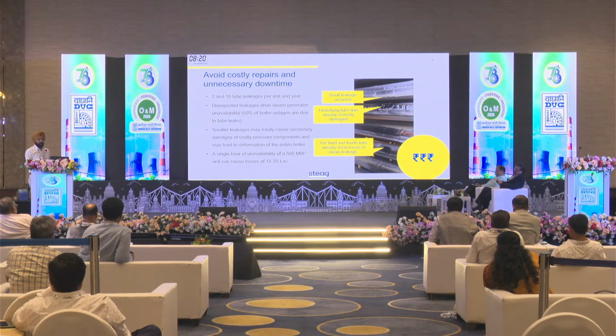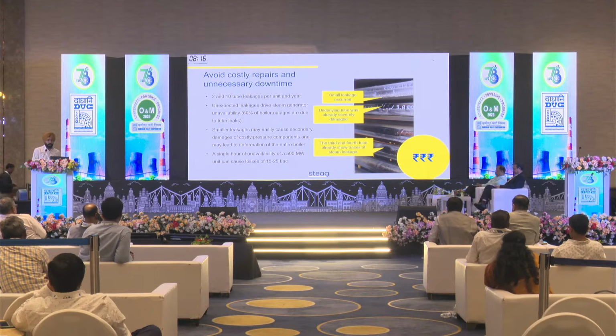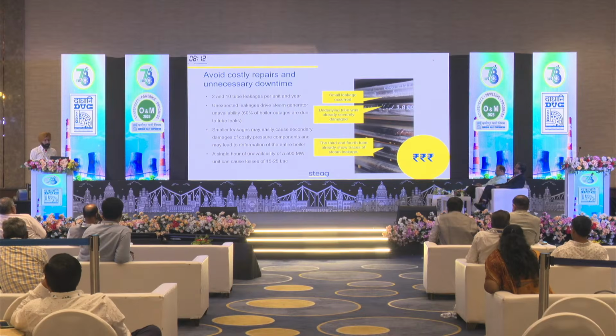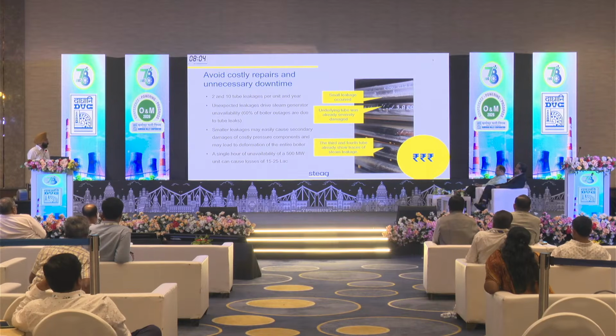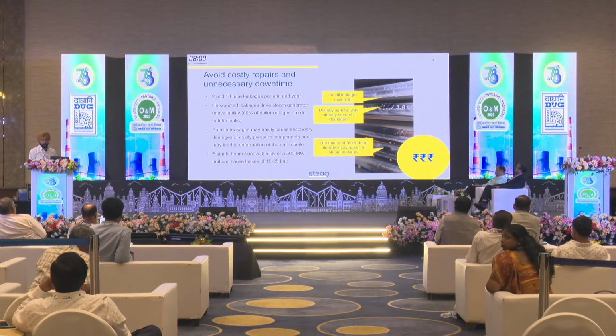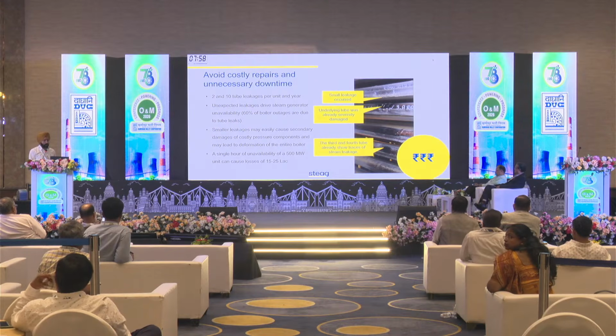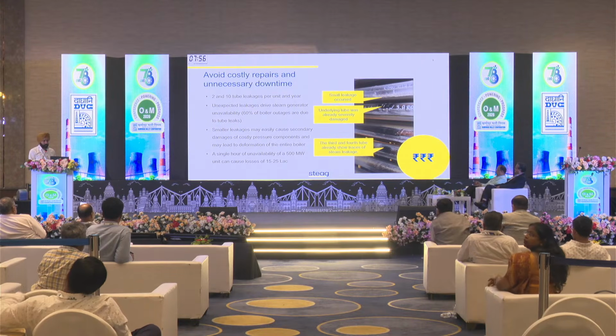So as you can see, in the boiler, typically 2 to 10 leakages can happen, or maybe more sometimes, depending upon the boiler situation, per year, per unit. And of the outages which are happening in the boiler, 60% are because of tube leakages.